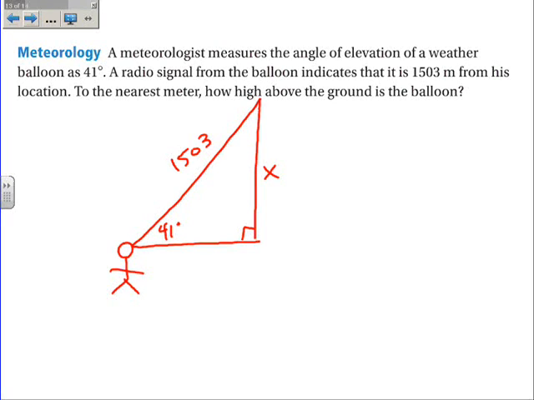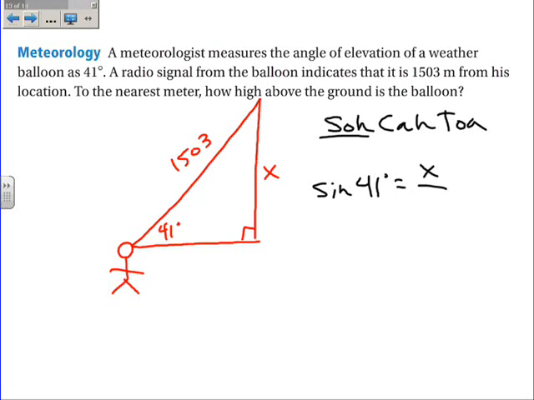Okay, so looking at this, I'll use a trig ratio, so SOH CAH TOA. I know the hypotenuse, I want to find the opposite. So opposite and hypotenuse is the sine ratio. So the sine of 41 degrees is equal to the opposite over the hypotenuse.